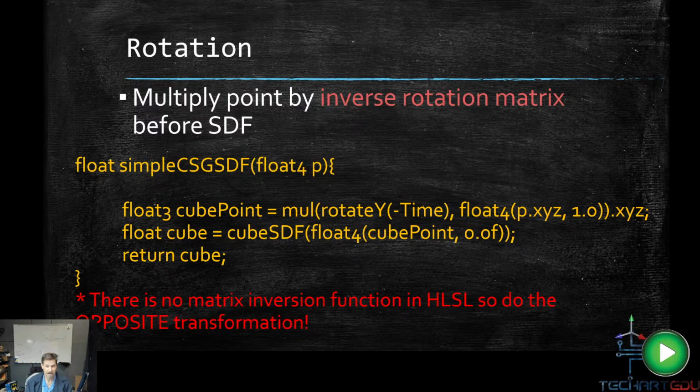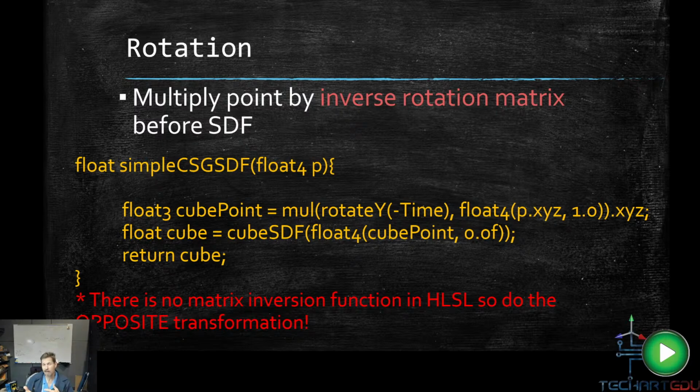There are 3 rotation matrices, one for X, one for Y, and one for Z, and you concatenate them by multiplying them together. Here, we take our point and multiply it by our Y rotation, rotating by Y by a certain amount of time. This returns a 4x4 matrix, and we multiply our point by that, which gives us our rotated point.